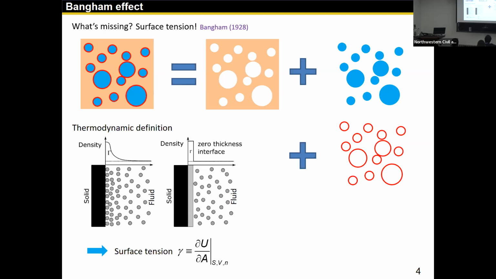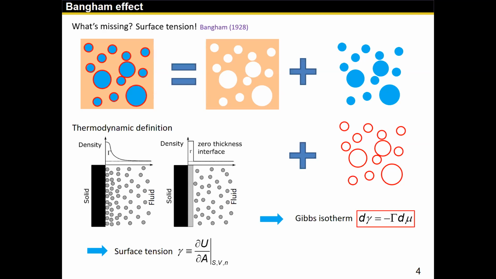So Gibbs comes in and says, let's lump all this additional mass into a zero thickness interface and call that a surface excess phase. Now your system is solid, fluid, and the interface. Perturbing that with respect to surface area change gives you the thermodynamic conjugated force, that's the surface tension. From this derivation, you can derive the Gibbs isotherm, which tells you how surface tension varies with respect to the amount of adsorption. That can be further linked with the swelling.